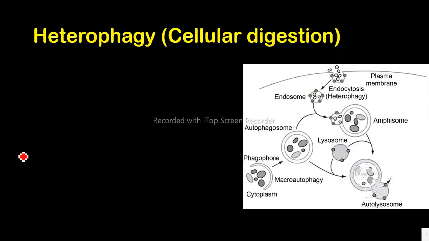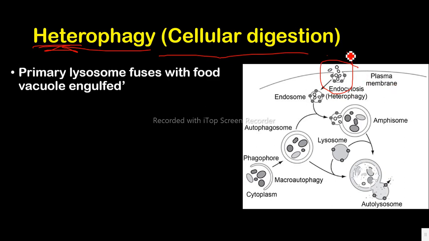Then another function is heterophagy. Hetero means different. With auto, it was self-eating; you were eating your own cells. But now with heterophagy, you are eating outside components that have been taken in by phagocytosis. So the primary lysosome will fuse with a food vacuole formed by phagocytosis.